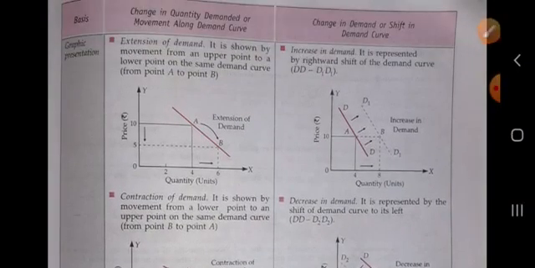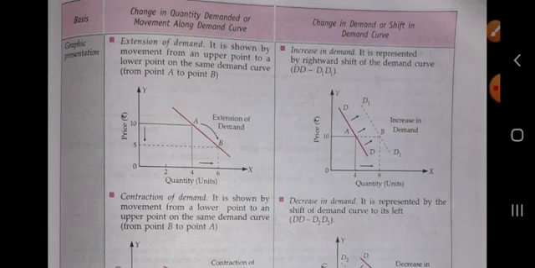Now, next we will show it through the diagram, that is, the graphical representation of the extension of demand, contraction of demand, increase in demand and decrease in demand. Extension of demand is shown by the movement from the upper point to the lower point.